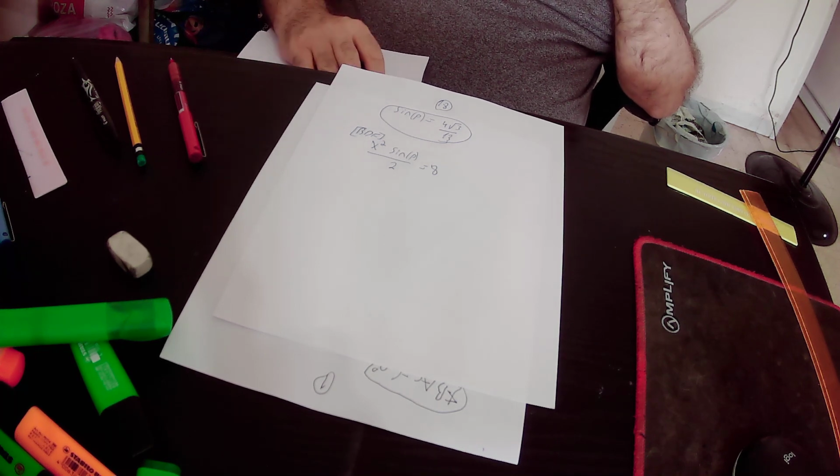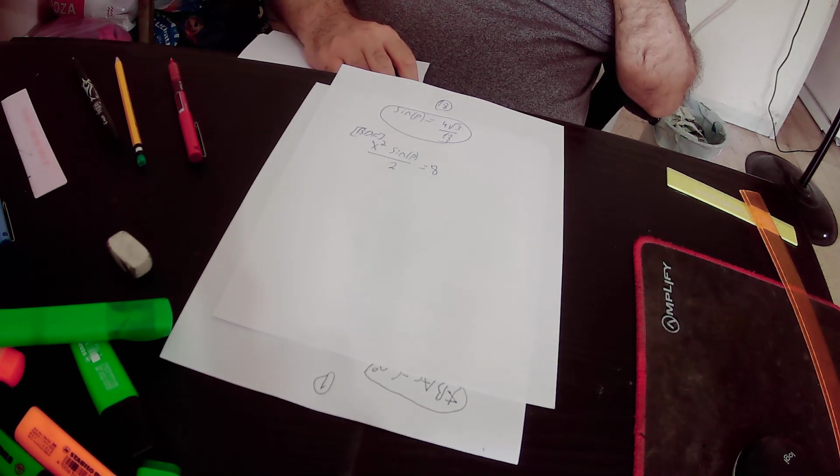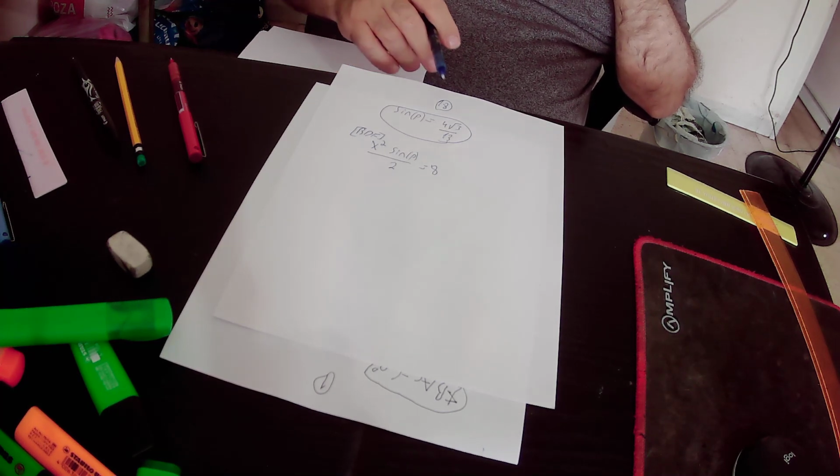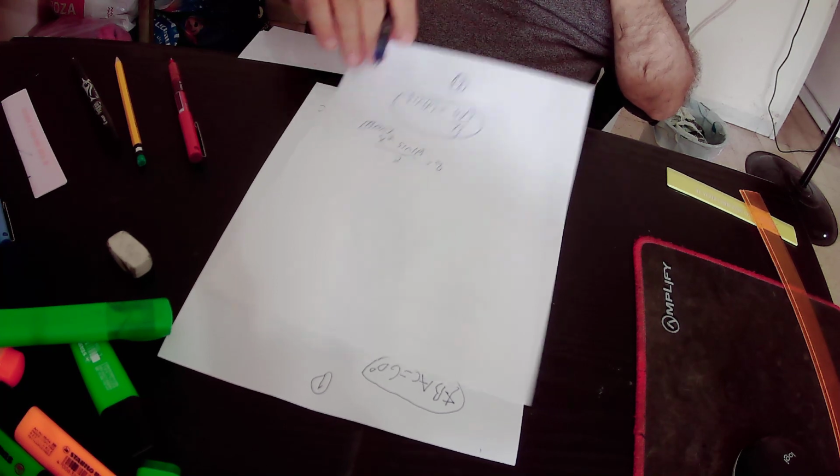So here we already know the value of sine P. So we will substitute sine P by 4 times root 3 over 13.